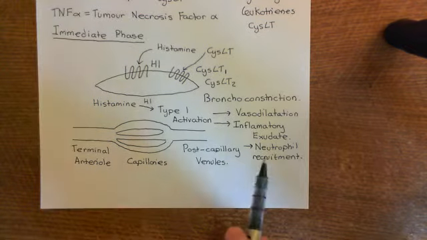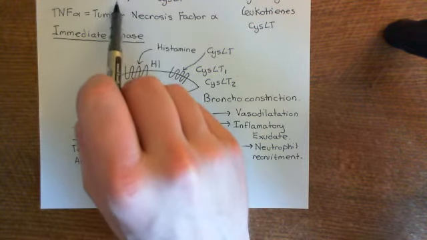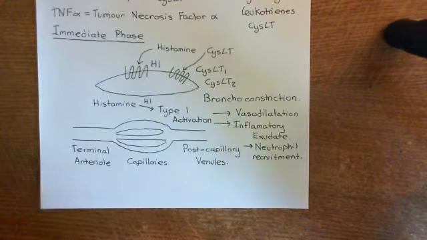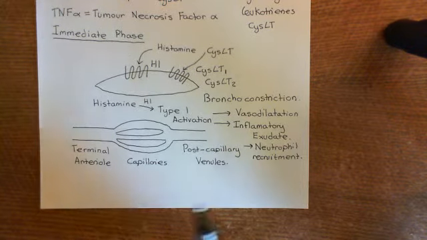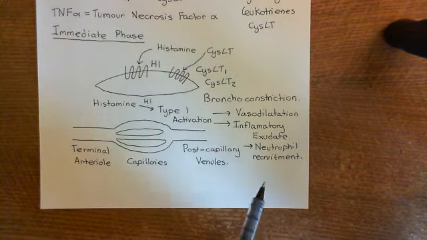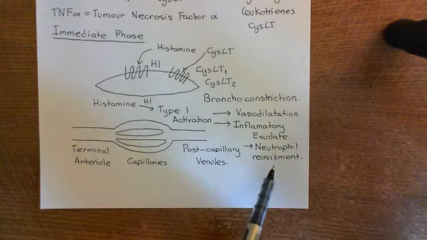In addition, leukotriene B4, which did not activate the cysteinyl leukotriene receptors, remember it was not a cysteinyl leukotriene, does cause neutrophil recruitment. It's incredibly powerful at increasing neutrophil recruitment.